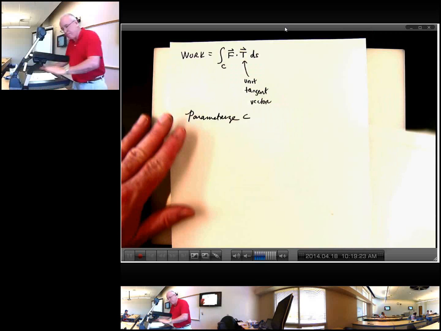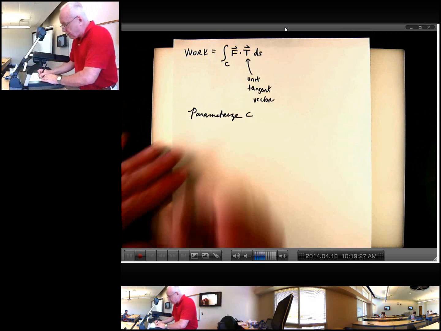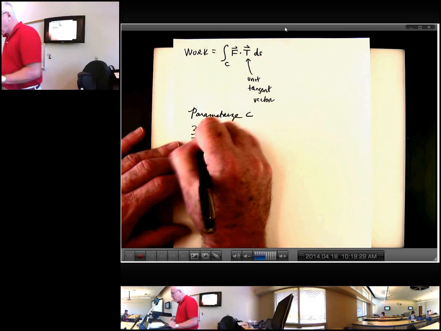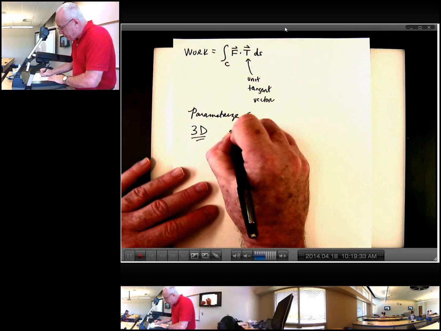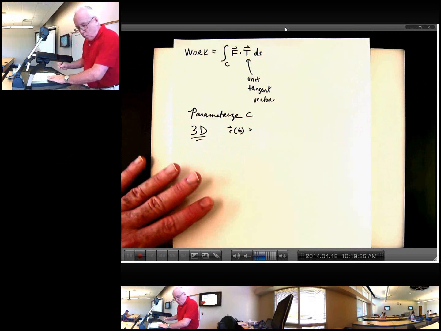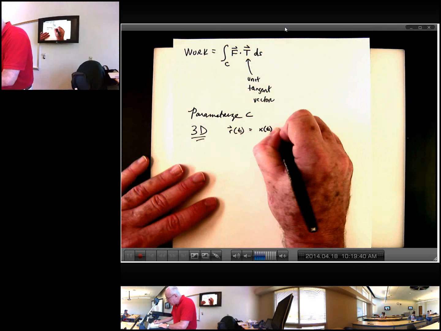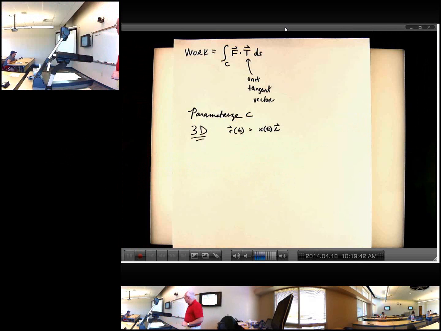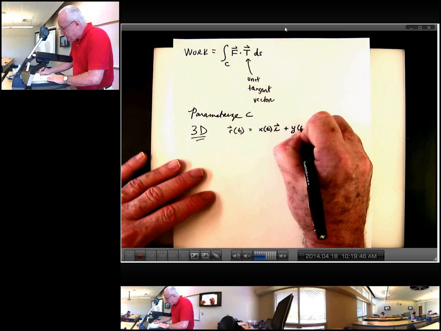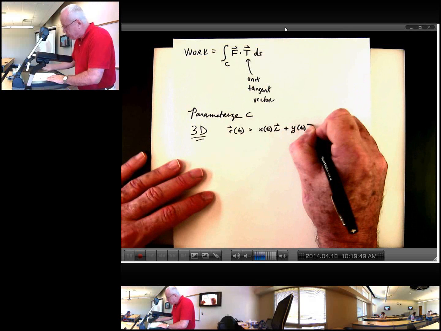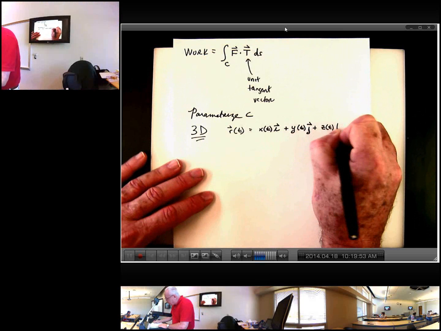Okay, so let's look at three dimensions here. We're going to say that the curve is given by some function x of t times the unit vector i, plus some y of t times the unit vector j, plus z of t times the unit vector k.